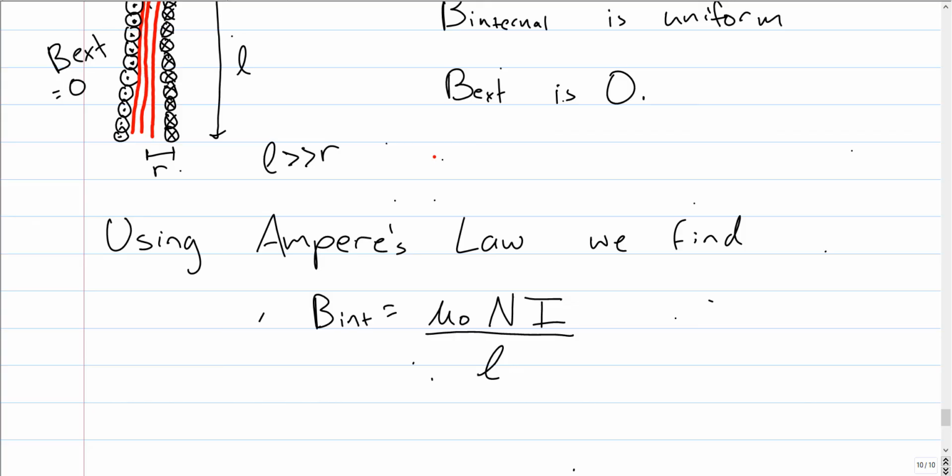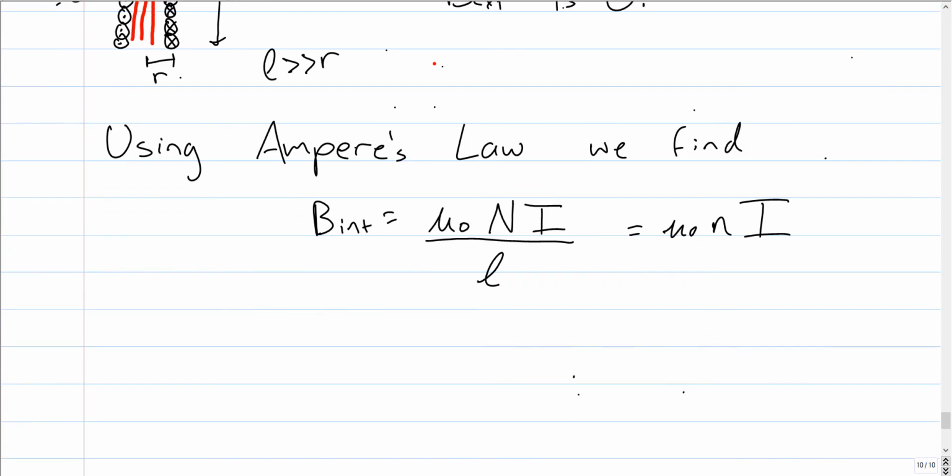Notice R does not play a role in here. As long as it's small enough, we don't have to include it. And this can be also written in the following way: mu naught times little n times I. Let's define both big N and little n, since those are the two values that are unique to the situation that we're talking about.